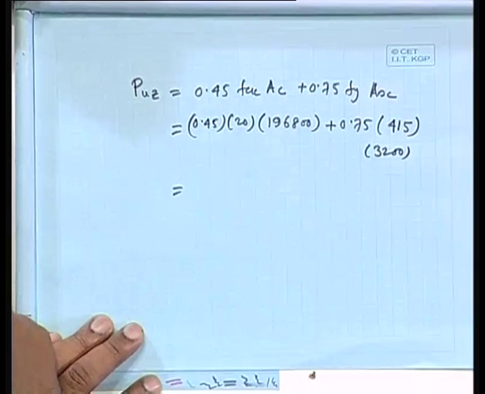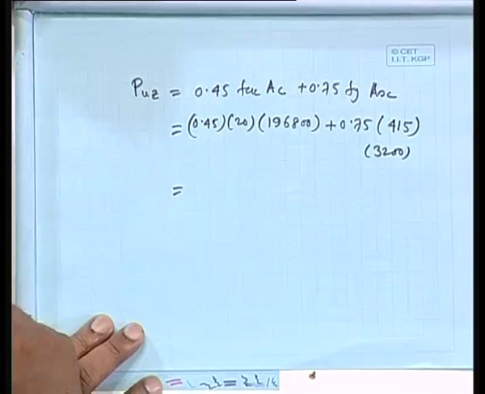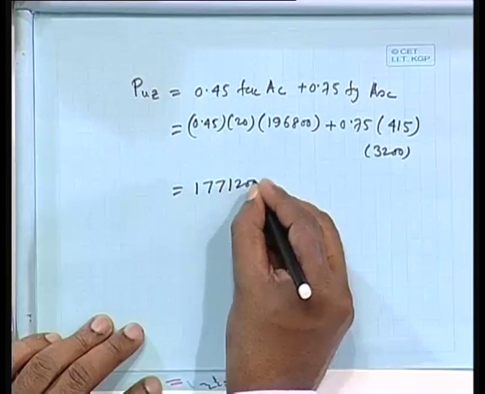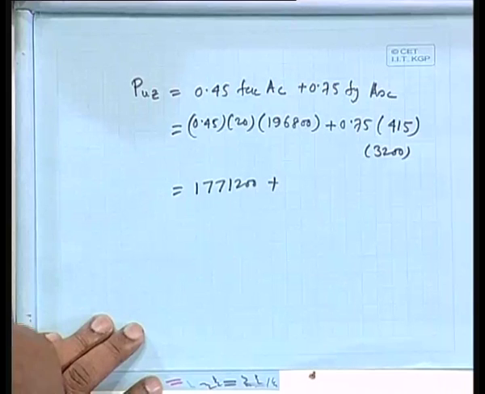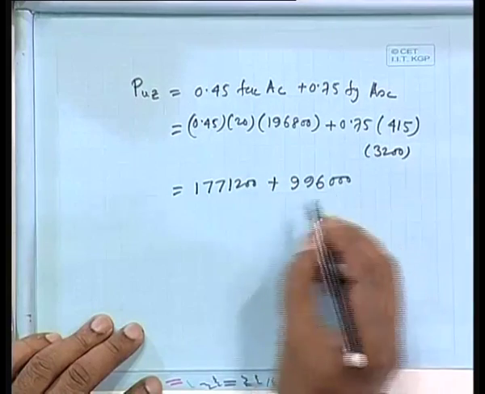That is 1771200 plus 0.75 times 415 times 3200, which is 996000.